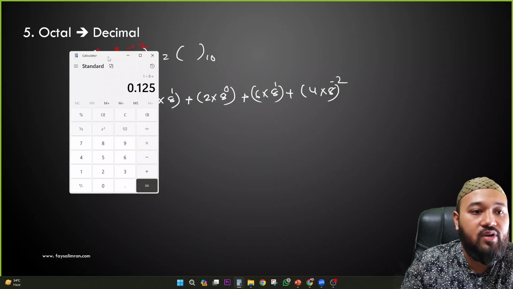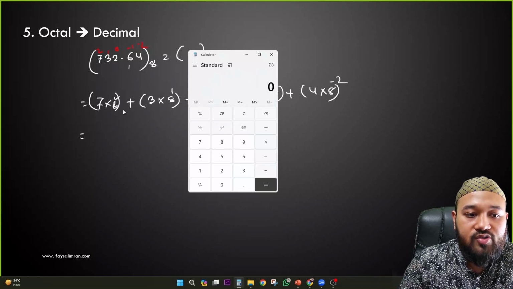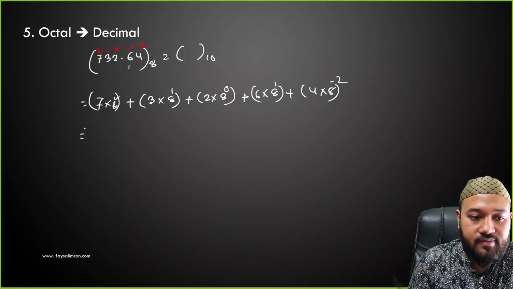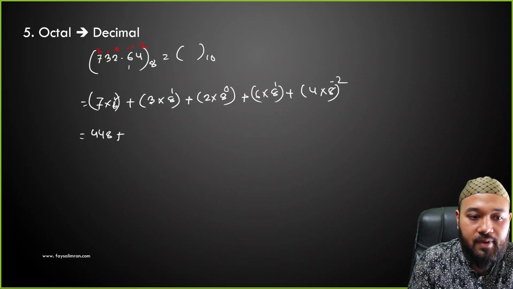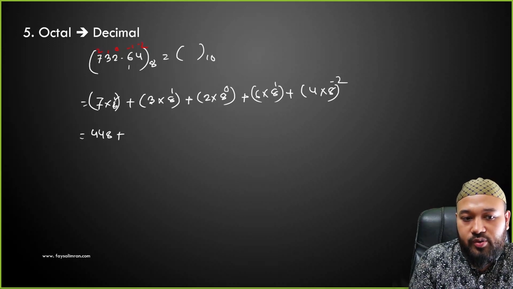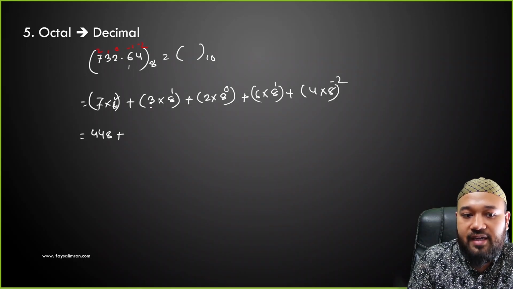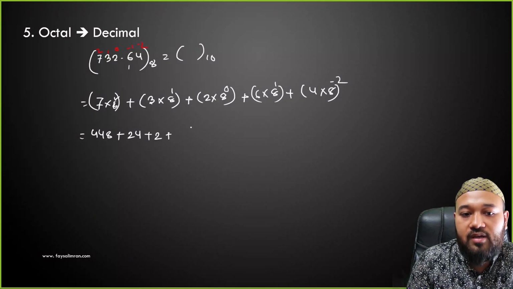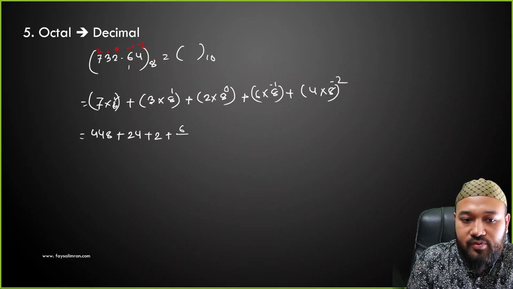Okay, I open my calculator. 8 square means 64, 64 into 7 is 448. Okay, that is 448 plus 3 into 8 to the power 1. 8 to the power 1 means 8. 8 into 3 is 24 plus 8 to the power 0, which means 1. 1 into 2 is 2 plus 8 to the power minus 1, so we have to write 6 by 8 to the power 1.